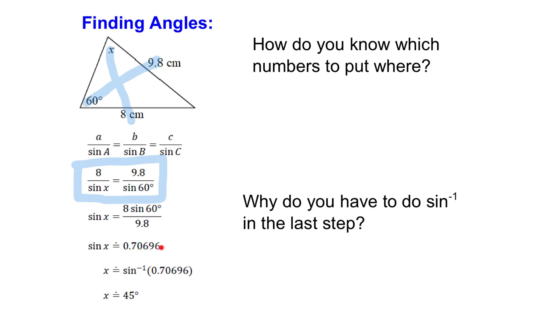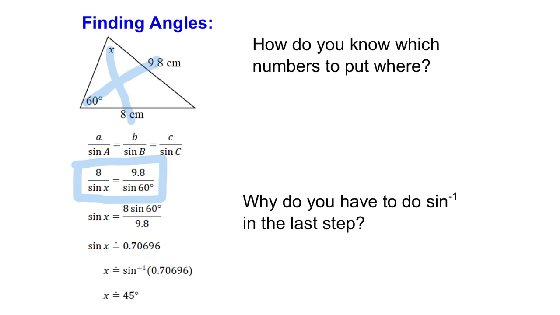And I'm using more decimal places just to be more precise. I would like you to use at least 4 decimals if you have to retype that in your calculator. If you have a nice calculator though, do this in your calculator: 8 times sine 60 divided by 9.8. You'll get a screen full of digits. Don't clear the screen. Just put in the inverse sine.